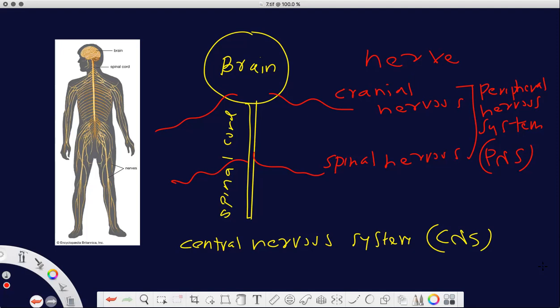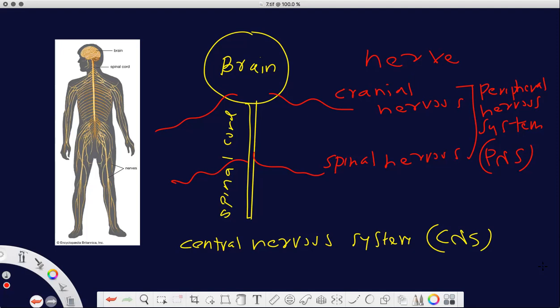That means if we look at a function of the body, this function is controlled by the brain. And second thing is, we can also control to a certain extent our nervous system.